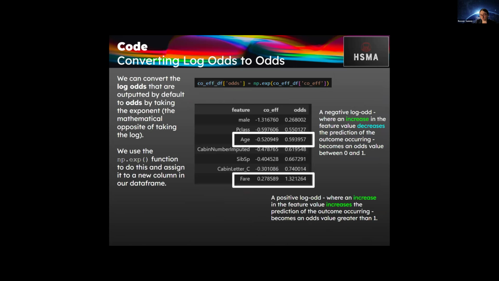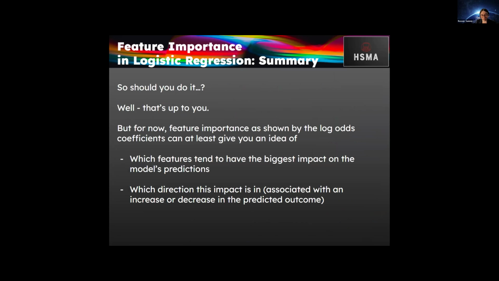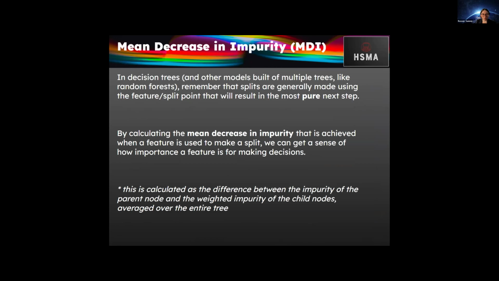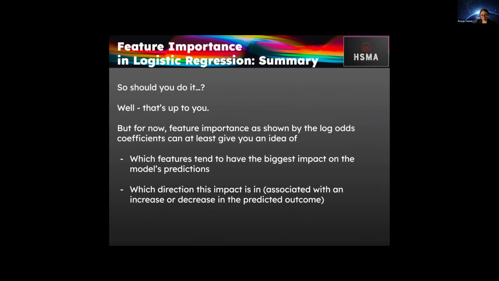I think there are some mistakes in the code where we talk about the log odds. I will come back and correct the slides and provide some fixed slides because of that. But fundamentally, what we're talking about with log odds and odds doesn't change.